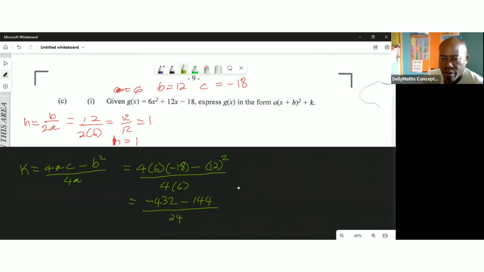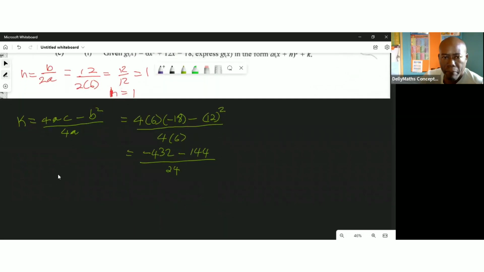So if we push further, we're looking at having minus 432 minus 144, that's negative 576 over 24. And I believe this is going to give us a negative 24.